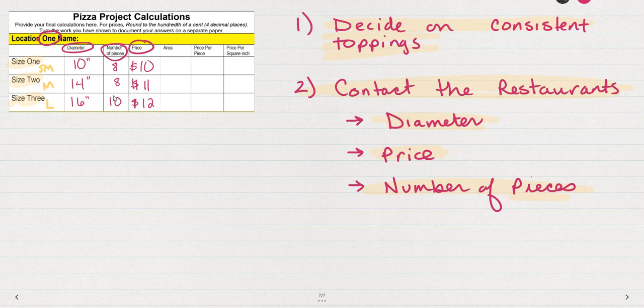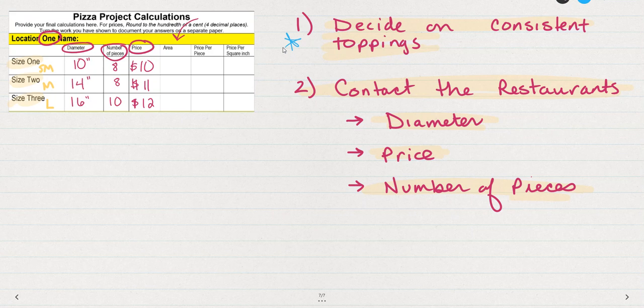Now, when I go to start the calculations, I'm going to need to be able to find the area of a circle. But before we move on to that, let's recap what has already been covered. First step is to decide on some consistent toppings so that each time you contact a new restaurant, you're using the same toppings.